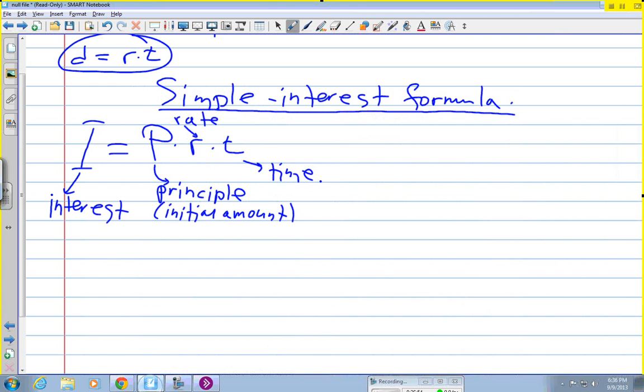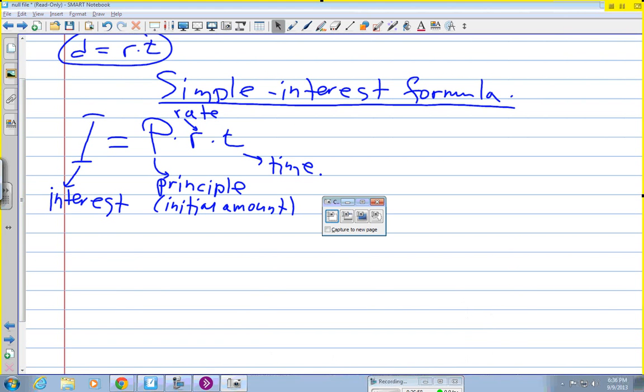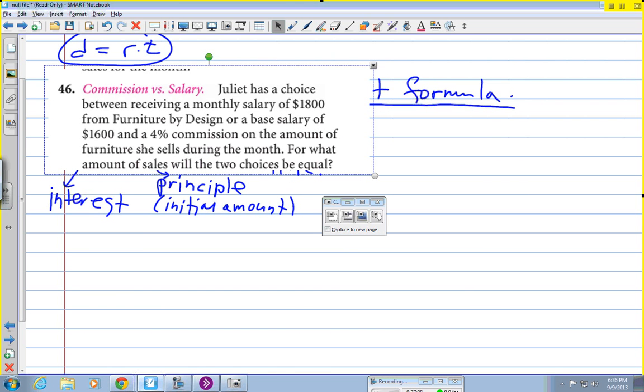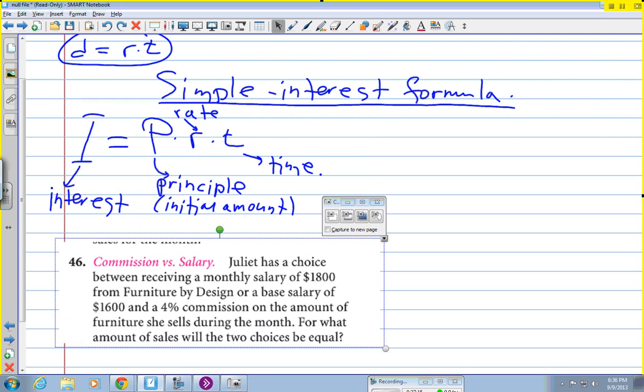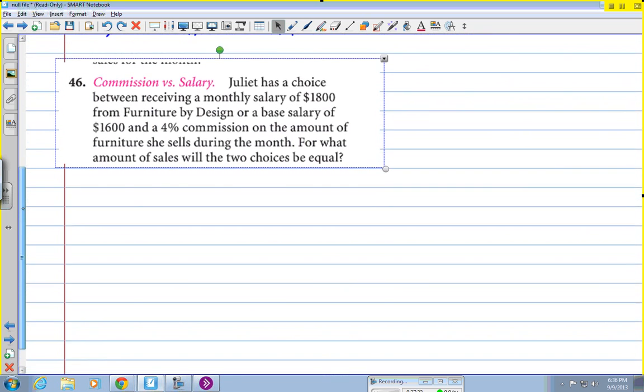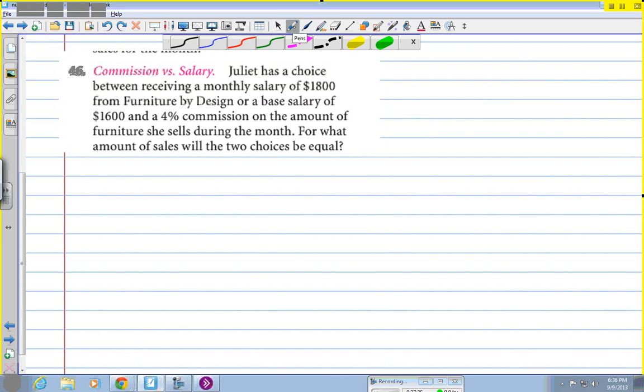All right. So you can start doing steps 1, 2, and 3.